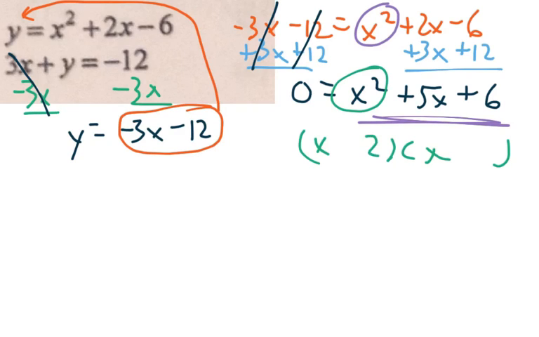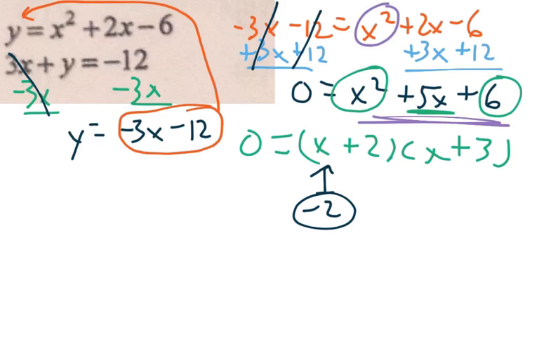If I do 2 times 3, that's 6. I can get this 5x if I do plus 2 plus 3, correct? And since it's equal to 0, I hope you realize that that right there has to be negative 2, and that right there has to be negative 3.